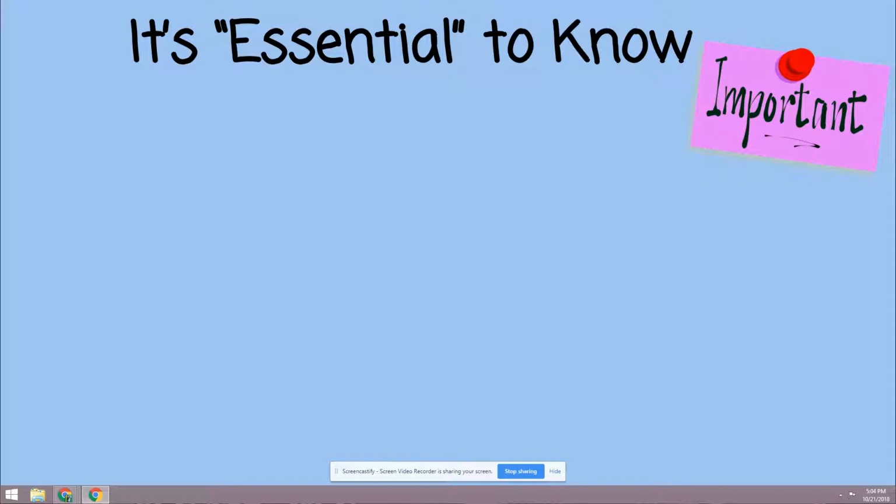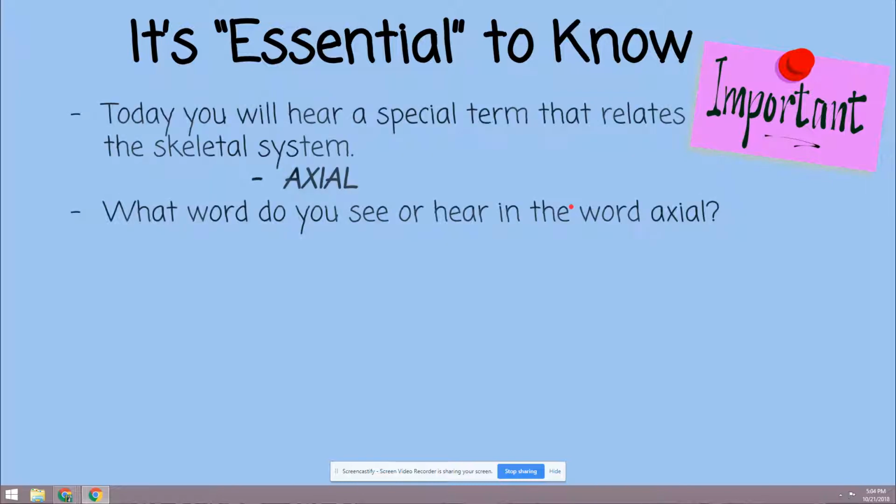So here is what is essential, or very important. The word essential means important for you to know. So today you're going to hear a very special term that relates to the skeletal system, and it's called axial.